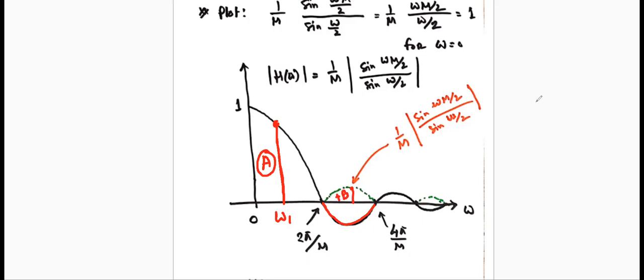That means the amplitude, for a particular value of the frequency or omega, is always positive.